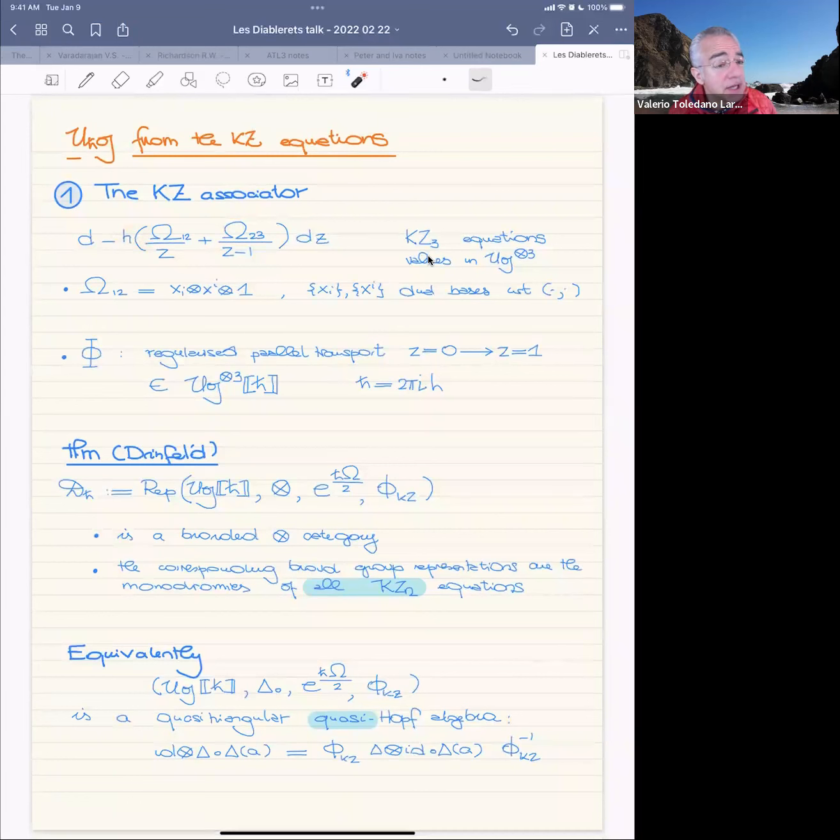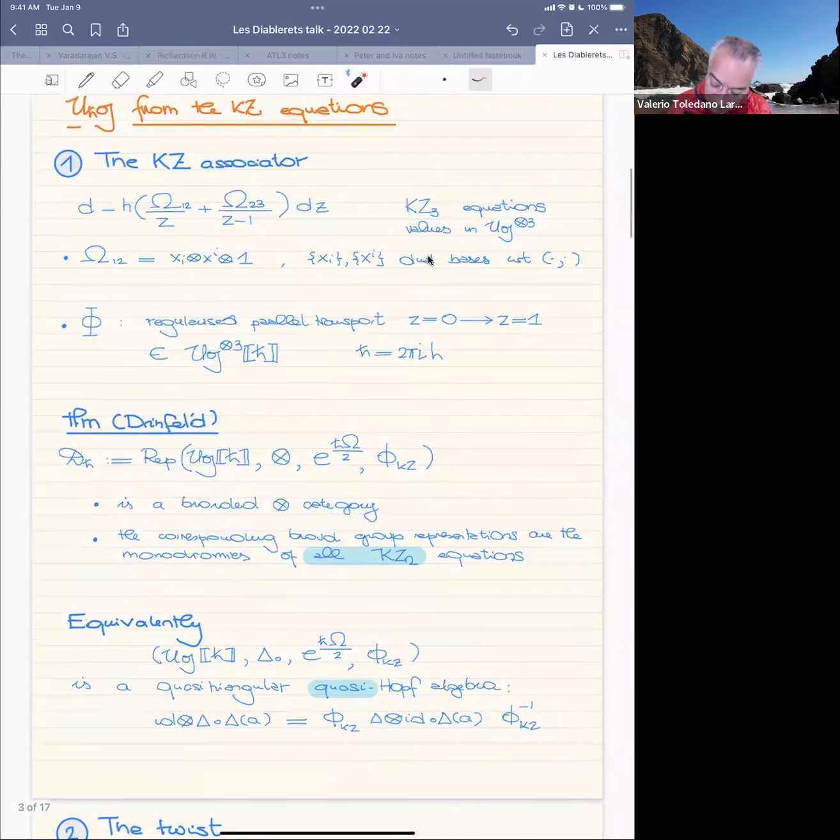So the first step in the construction of the quantum group is to, so to speak, follow the science. You want to understand the KZ equations. So what are those KZ equations? The statement is that once you take the enveloping algebra, its standard tensor product, and you put in this KZ associator and the monodromy of the KZ equations in 2 points, then this is a braided tensor category.